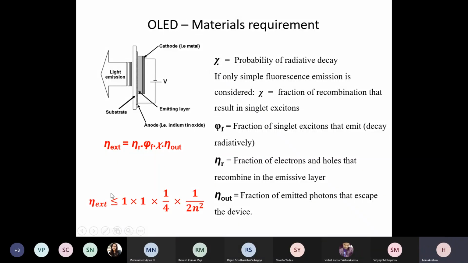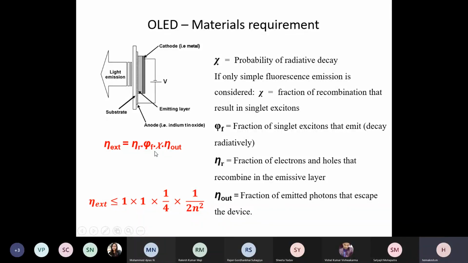So looking at a few numbers, this factor can be close to 1, but not going to be perfect. This second factor is also going to be close to 1, but not always going to be perfect.